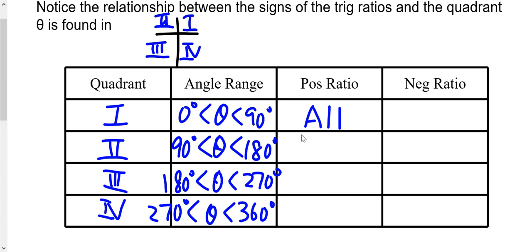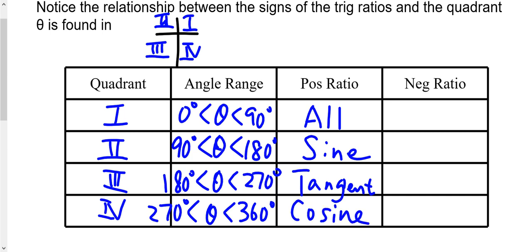Which trig ratio or ratios would be positive in quadrant 2? Only sine. What about in quadrant 3? You should see that it's only tangent that is positive in quadrant 3, and for quadrant 4, cosine.